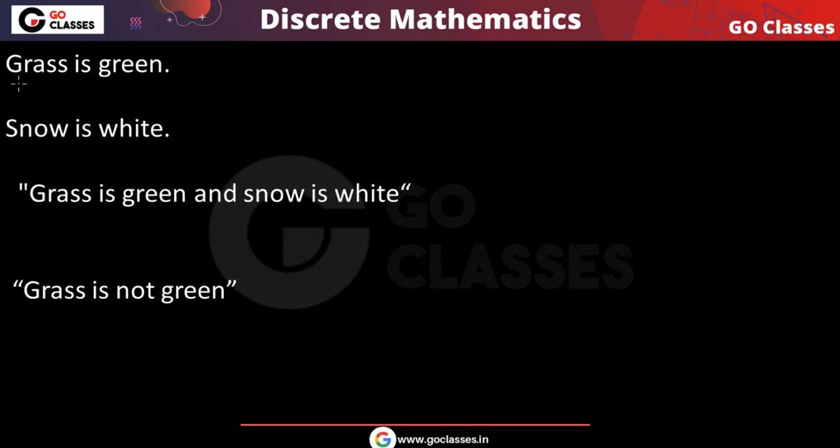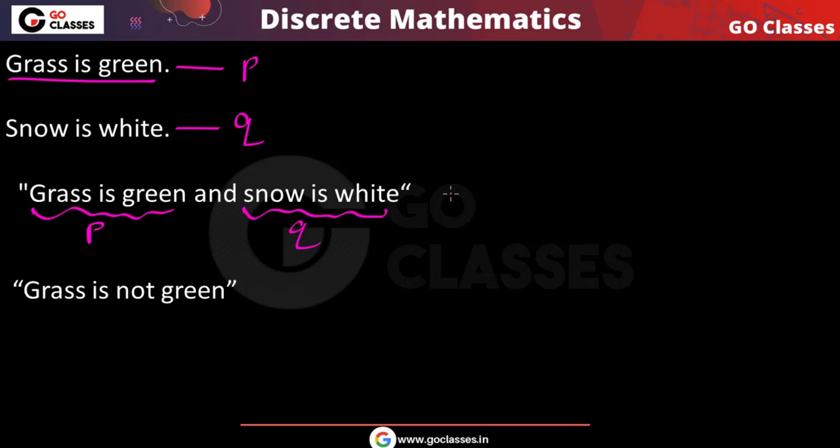So this is an atomic proposition, I can represent it by variable p. This is an atomic proposition, I can represent it by propositional variable q. Now you can notice that this part is basically p because "grass is green" means p, and this part is basically q because "snow is white" is q.